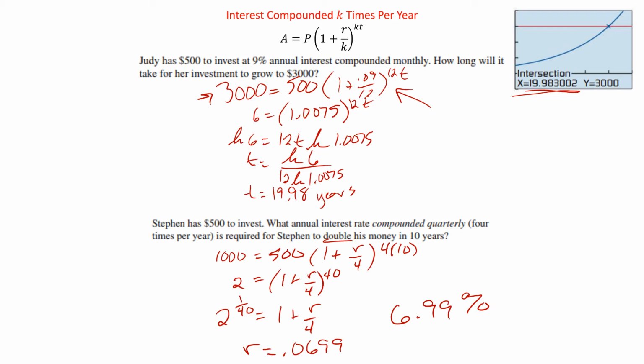And we can keep going until we're compounding continuously. So we had quarterly, monthly, like daily, that would be 365 times. We go to compound continuously.